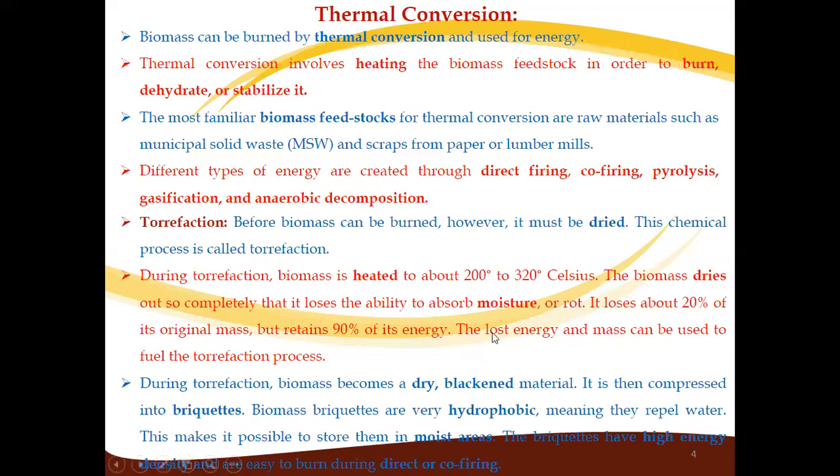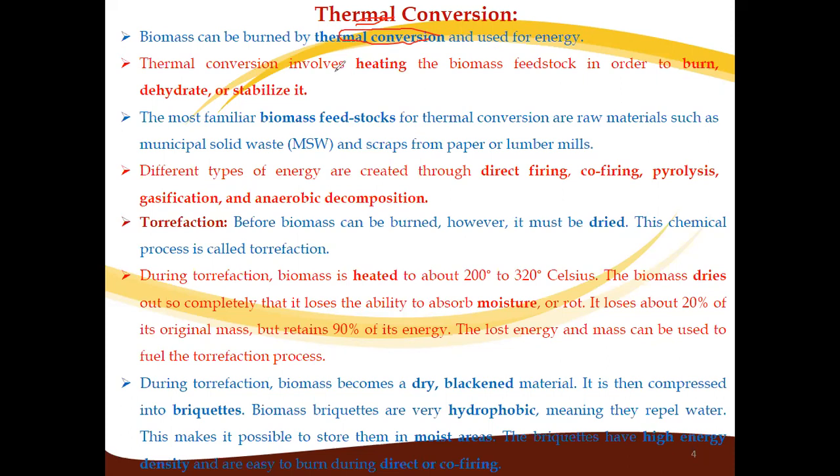So the first method is thermal conversion. Now, what is meant by thermal conversion? Biomass can be burned by thermal conversion and used for energy. By burning this biomass, we use this energy for different purposes.